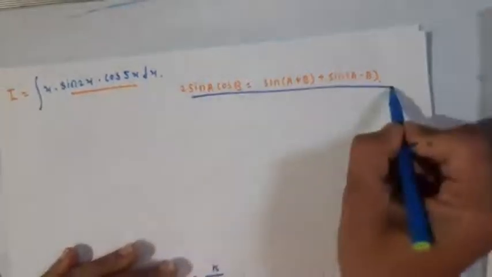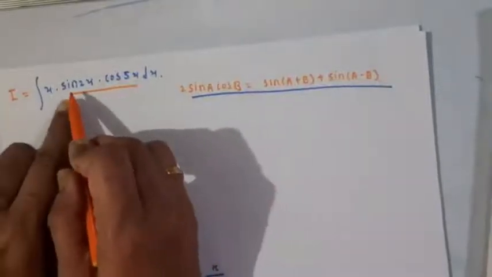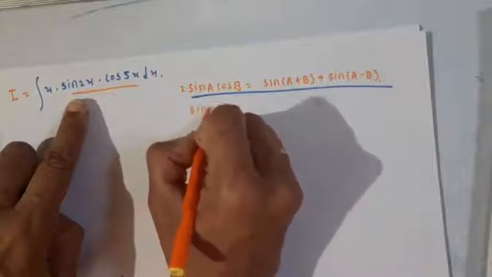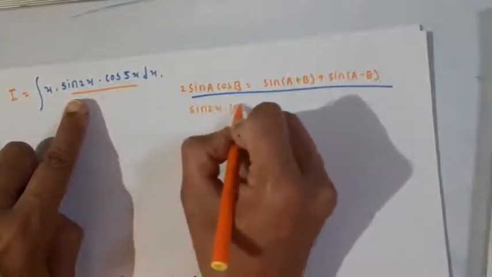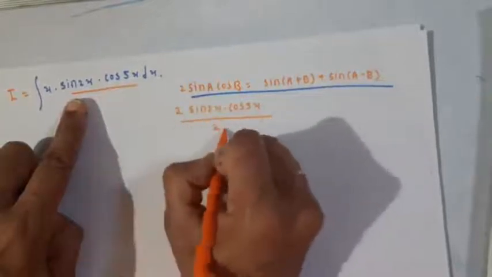By using this formula, we can simplify the second term, that is sin of 2x into cos of 5x. So, to convert such a type, that is sin of 2x into cos of 5x, multiply and divide by 2.